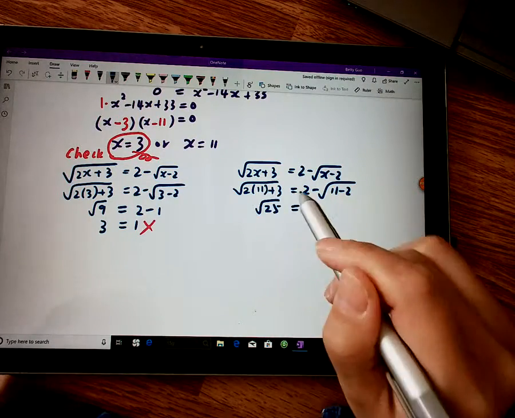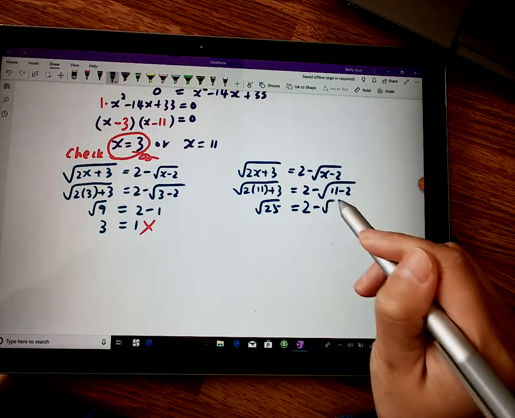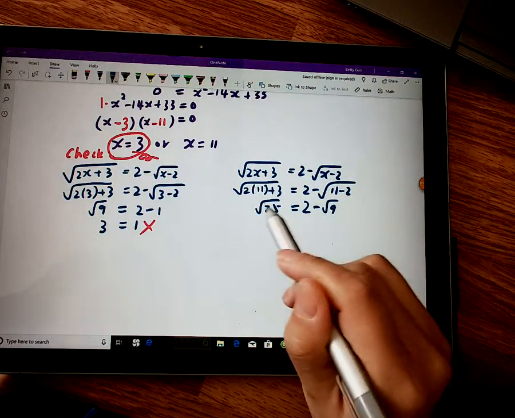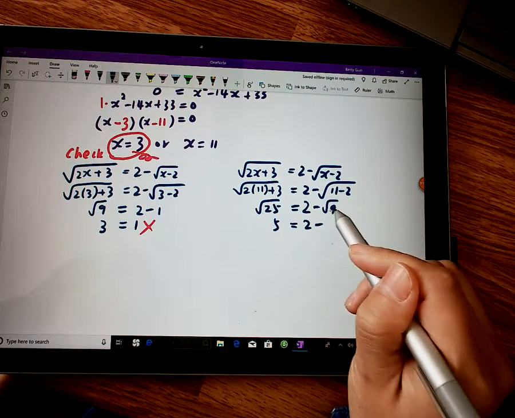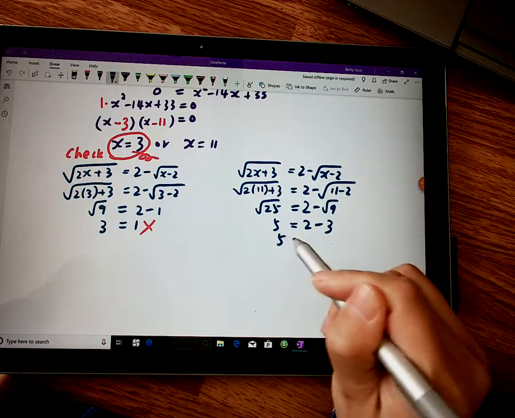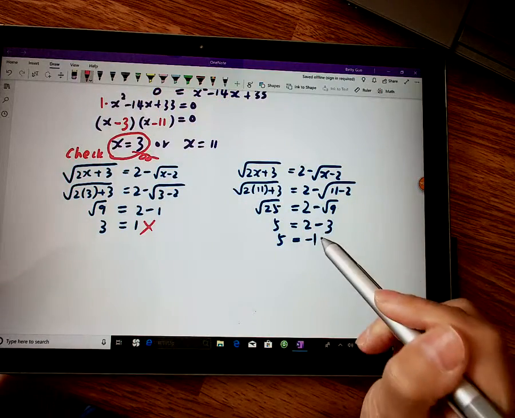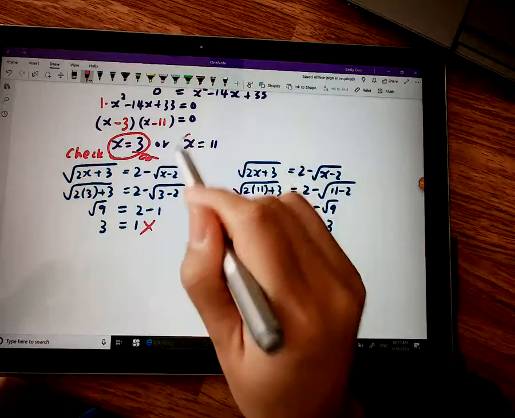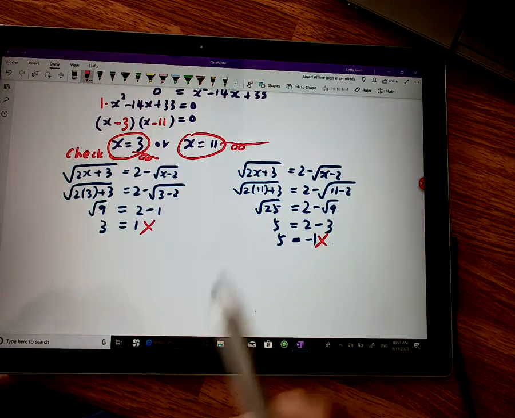You figured it out, you use your calculator. 11 minus 2, 9, right? The square root of 25 is 5. The square root of 9 is 3. We end up with 5 equals negative 1. That obviously is a contradiction as well. So 11 is extraneous as well.